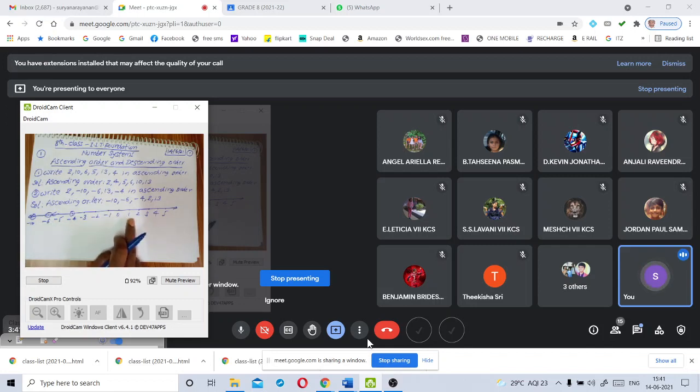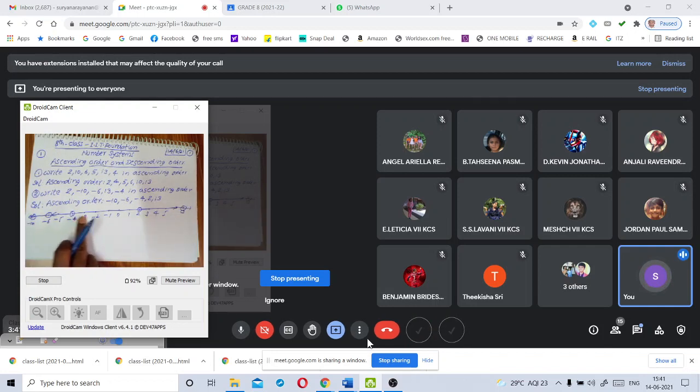On the number line, always the numbers are written in the ascending order only. You can start from any number on the number line. If you start from any number, the numbers are written on the right side in ascending order only. So here minus 4, next here 2, next after here 13.